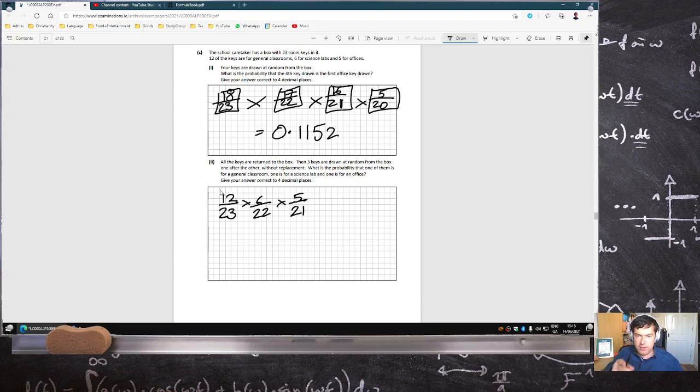You could go office, general, science, office, science, general, etc. So there's 6 ways to rearrange this. So I'd have to multiply this by 6. And I get 0.2033.